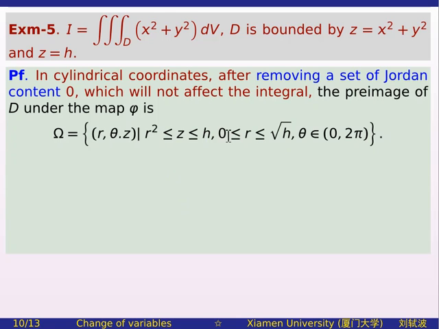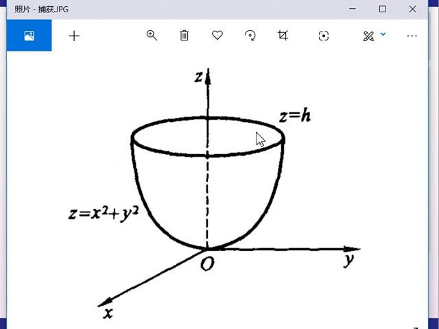And for the r, how to determine this r? You project this domain into the xy plane. You will get a disk whose radius is square root of h. Why? Because z is h, the boundary here, the intersection of this parabola with the plane cutting the parabola to get our domain here, the boundary is z equal to h and z equal to x squared plus y squared.